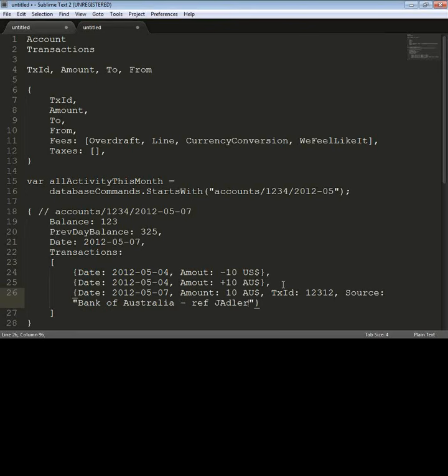You have the transaction ID, there is the remote transaction ID, there is a whole bunch of stuff like that. So you wouldn't see it on your account.